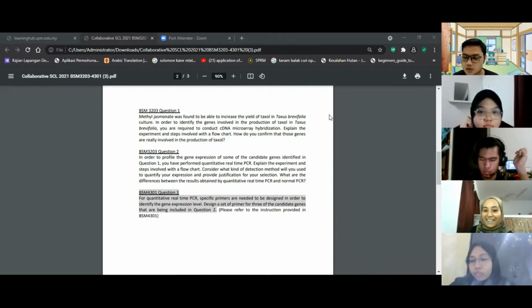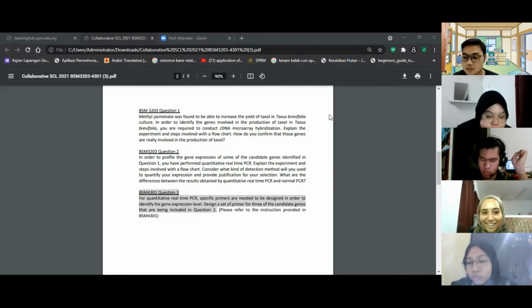Oh, you mean a control in our experiment, right? So I think to confirm is based on the up regulation and also down regulation, right? Maybe. I actually forgot how it works. Can anyone help?